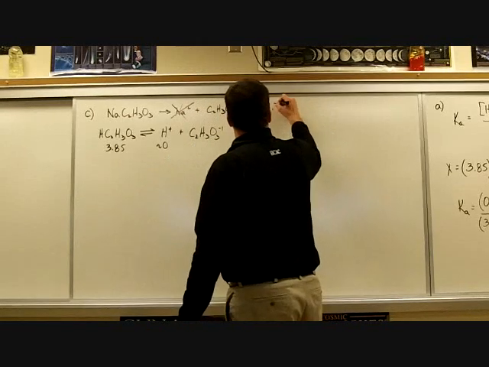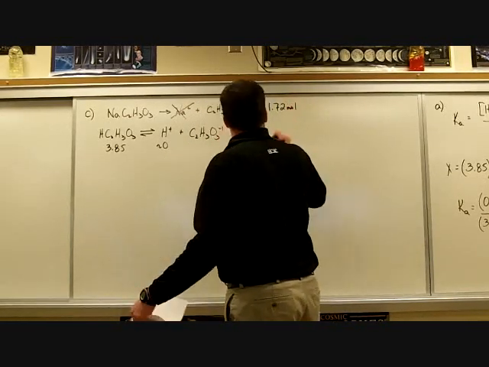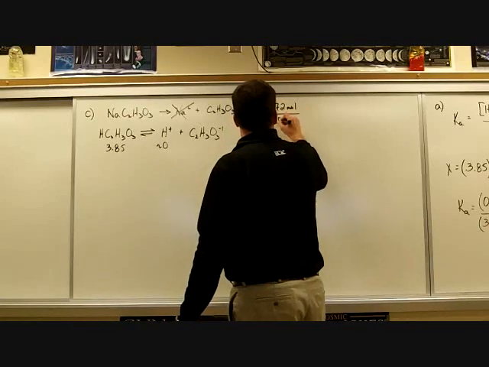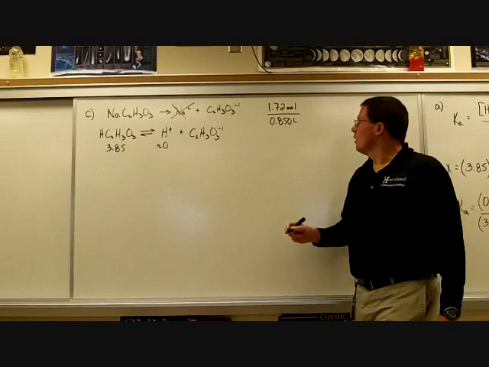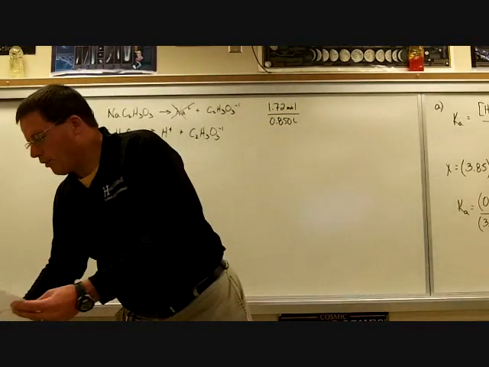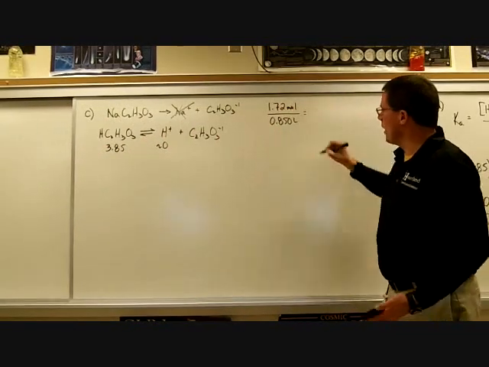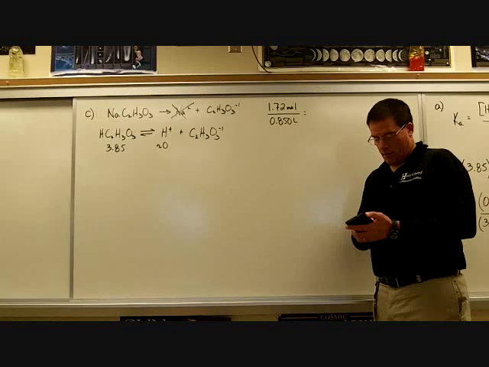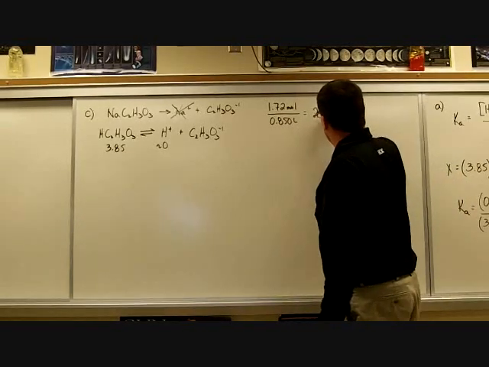So it's 1.72 moles in 0.85 liters, right? So it's not in a 1 liter solution. So keep your attention to that, because oftentimes I've given it to you in 1 liter, and that makes it pretty easy. So that's 2.02. Everybody get that?